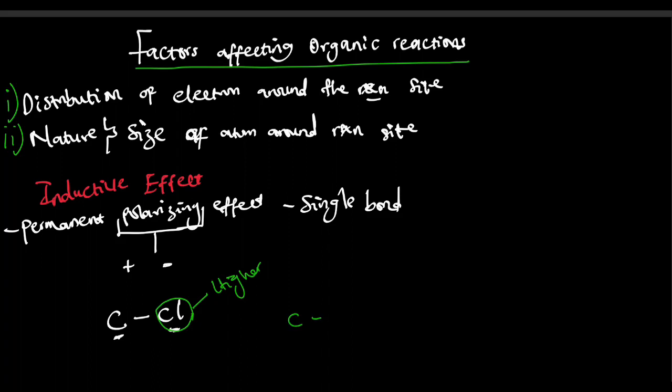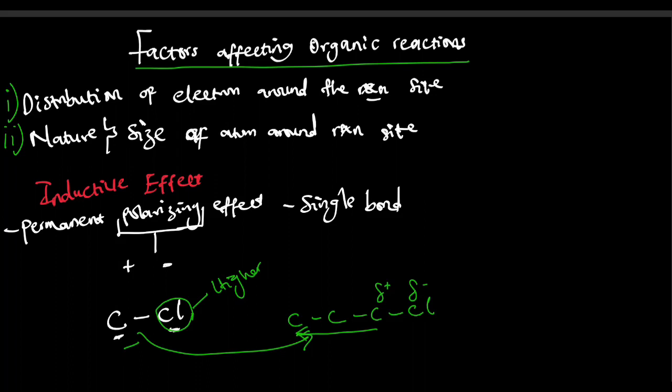Do you get that? Let me draw a bigger example so you can see it. If this is drawing more of the electron, it becomes partially negative, and this one becomes partially positive. The same effect goes through these atoms.